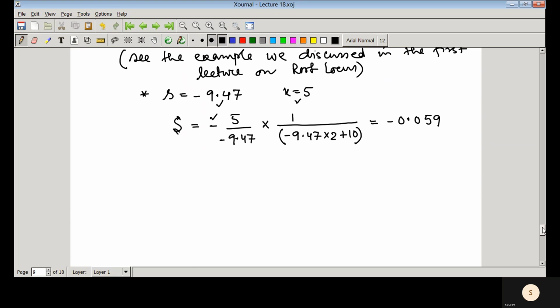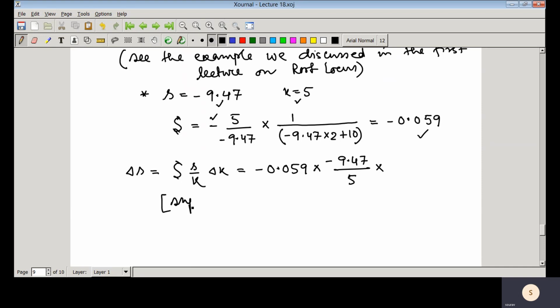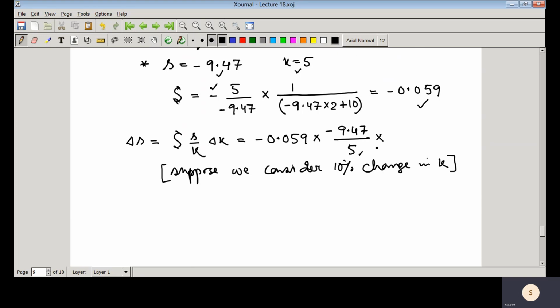So here, this is that root sensitivity. Now we are interested to find the change in delta S. That would be the root sensitivity into small s by K into delta K. So here we get the root sensitivity 0.59 into the pole at minus 9.47, K is 5, and delta K, suppose we consider a 10% change in K. 10% change in K means your K was 5, so 10% change would be 0.5.